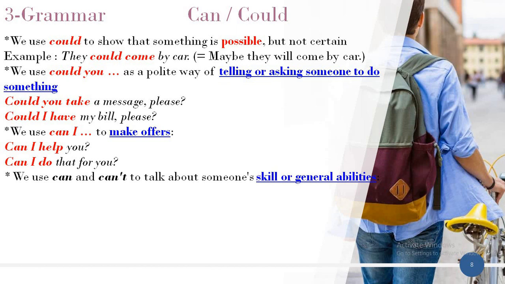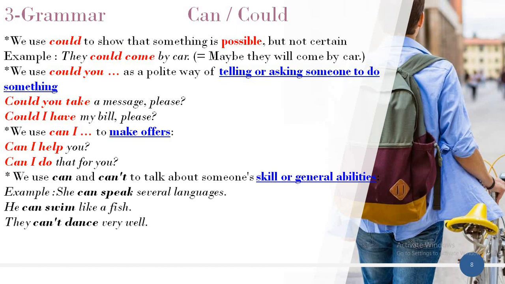We use can and can't to talk about someone's skill or general abilities. So here we are talking about ability. Concentrate with me. Examples: she can speak several languages.